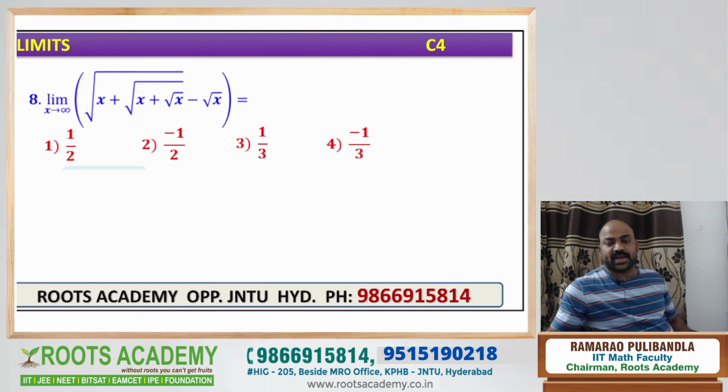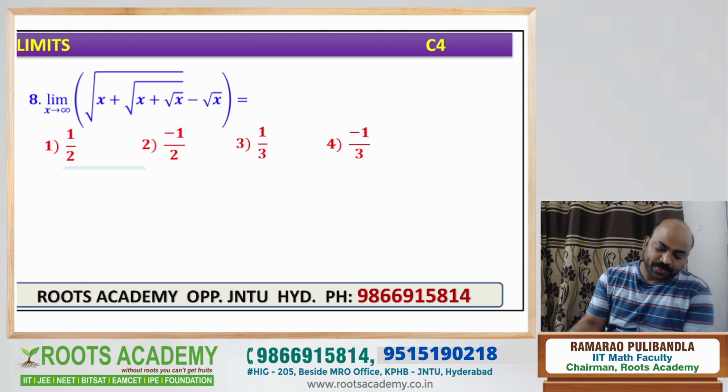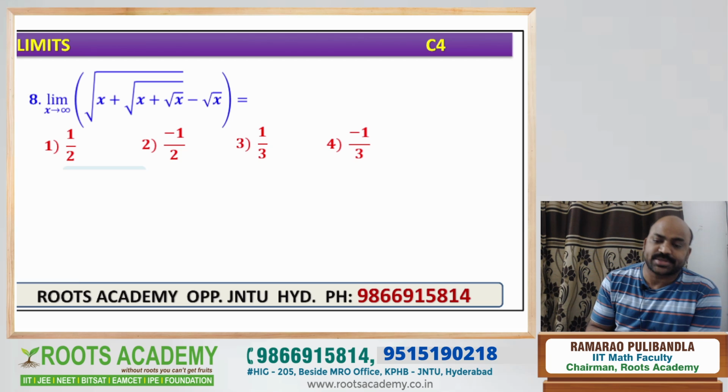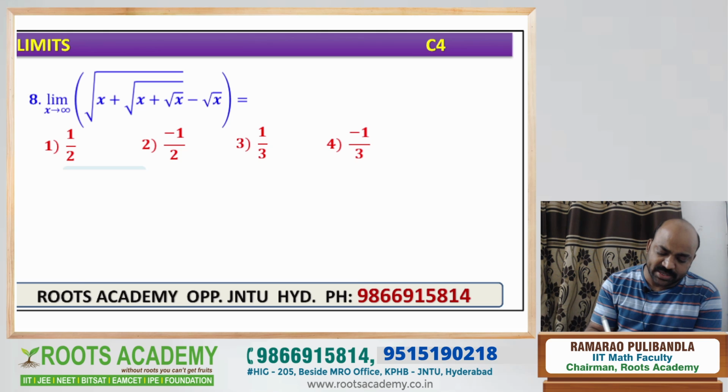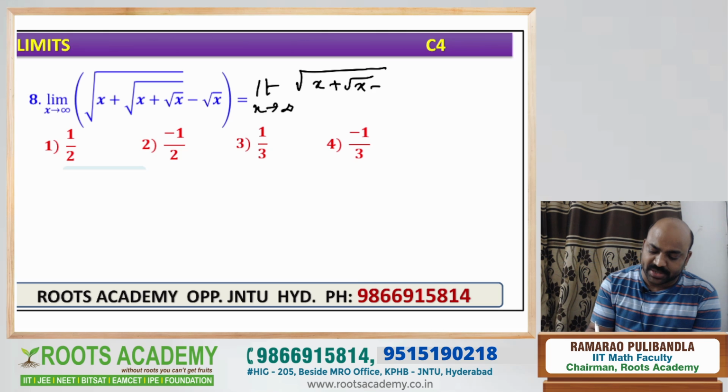Next question. Quickly, can you give me the next question, all of you? So this question is saying, when you have something like this, first you do rationalization. What will the rationalization give you, dear student? Numerator rationalization: under root of x plus root x plus root x, minus root x, into under root of x plus root x plus root x, plus root x.